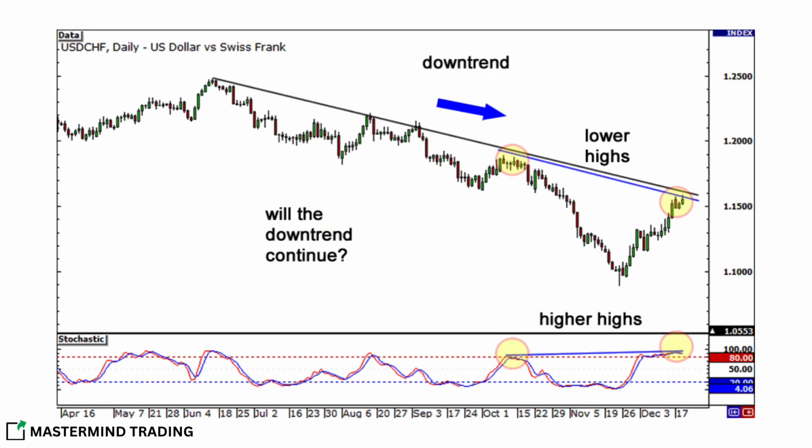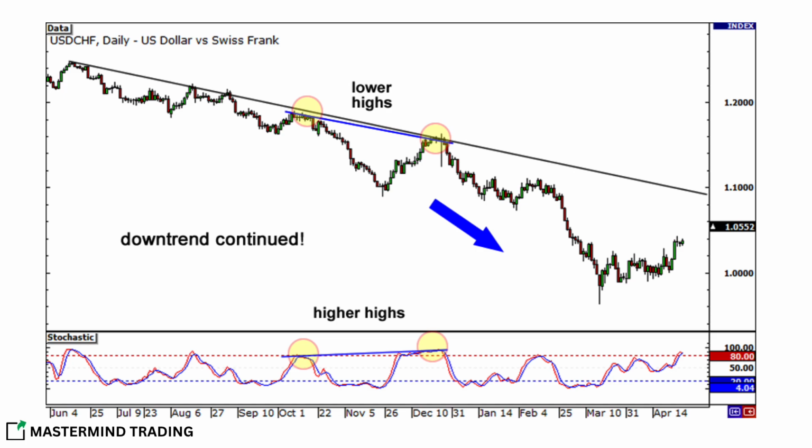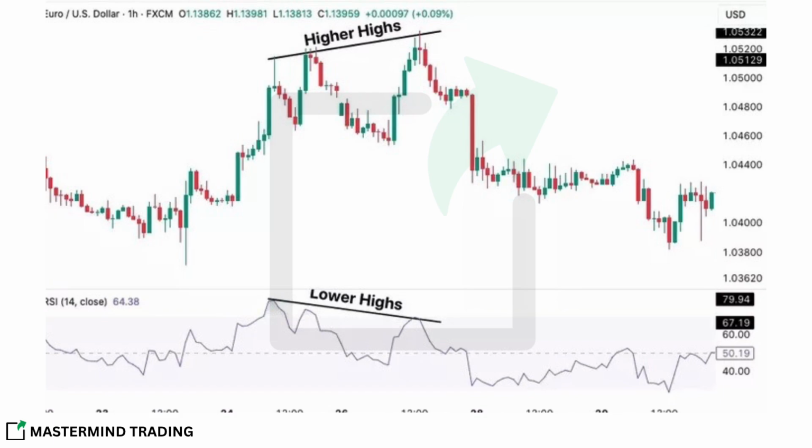In this case, you can find price making lower highs while the indicator is making higher highs, and price, instead of going in the direction of the indicator, just continues the direction of the price chart, which is forming new lows. Here you can find price making higher highs while the indicator is making a lower high, and then price going in the direction of a downtrend.